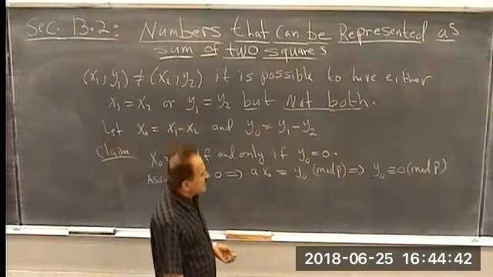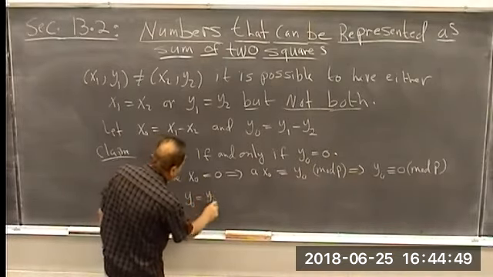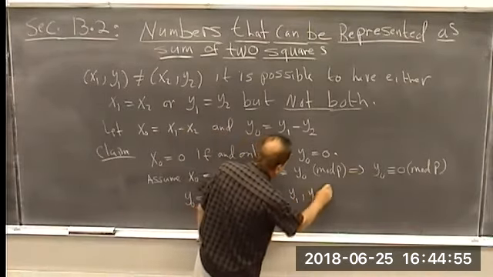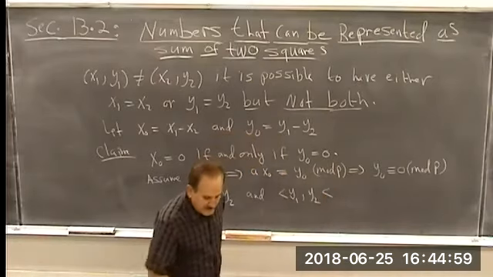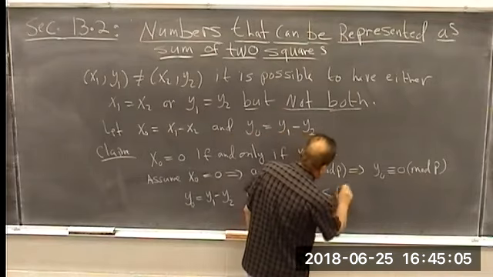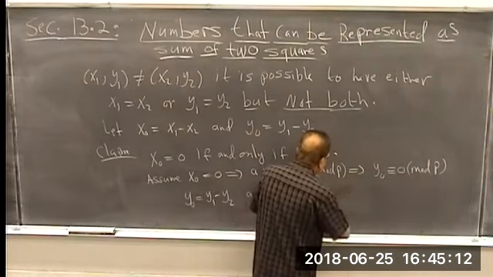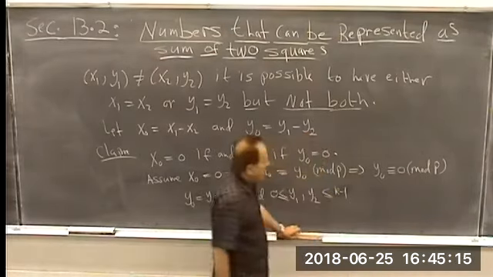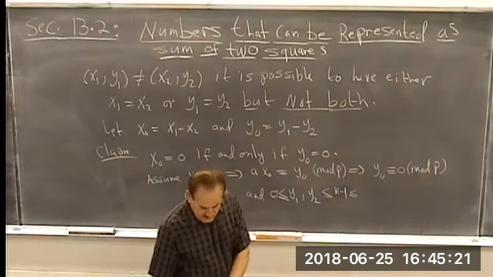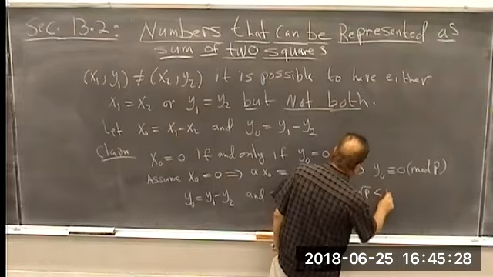Now, let's see what this means. We know that y sub 0 is equal to y1 minus y2, and both y1 and y2 are between 0 and, actually, less than or equal to k minus 1, and this is less than or equal to the square root of p, and this is less than p.